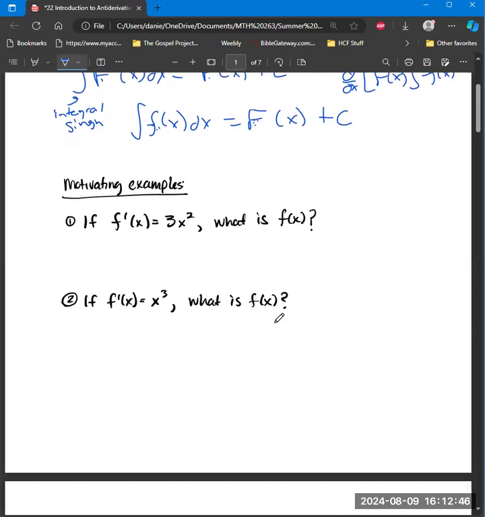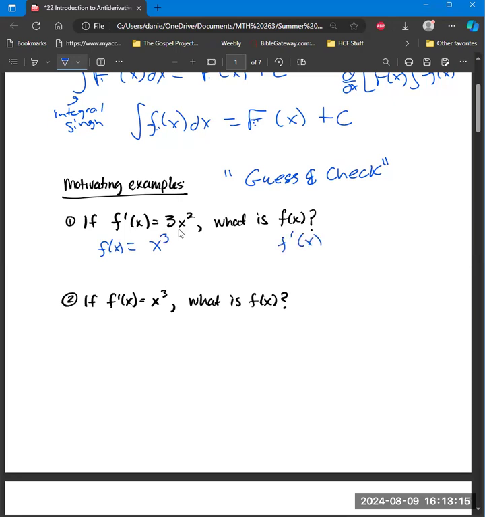All right, let's just guess and check here. You guys have done lots and lots of differentiation, so I want you to think of something that if you differentiated it, you would get 3x squared. So what was the original function? I think f of x is equal to x cubed. I'm going to go back and check.